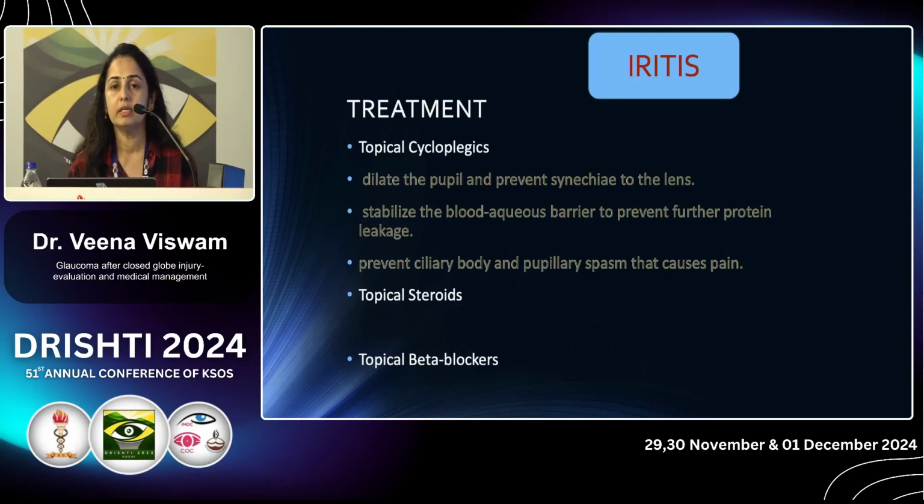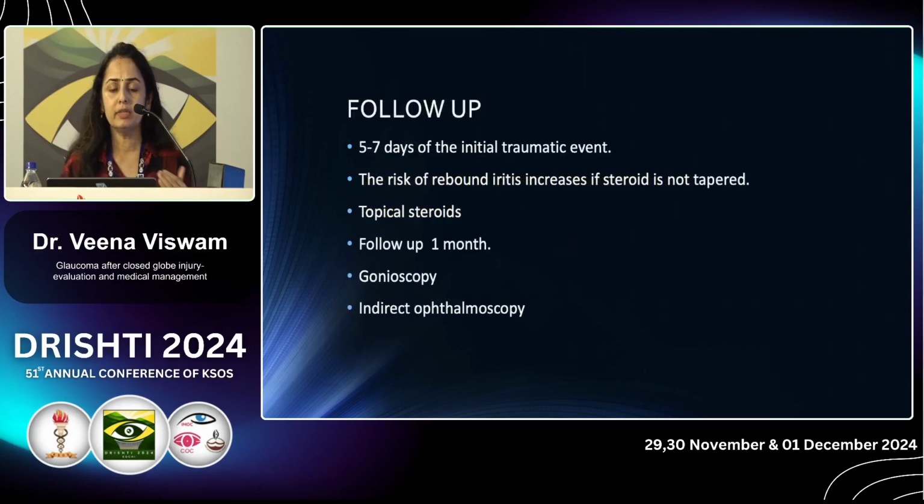In severe uveitis, you can give more frequent drops; in mild uveitis, the dose can be lessened. Topical beta blockers are usually given along with the first line of treatment with steroids. Patients are followed up every 5 to 7 days at least, and the risk of rebound iritis increases if the steroid is not tapered.